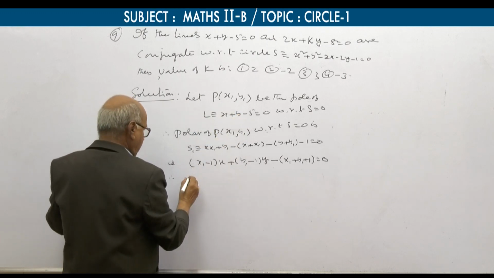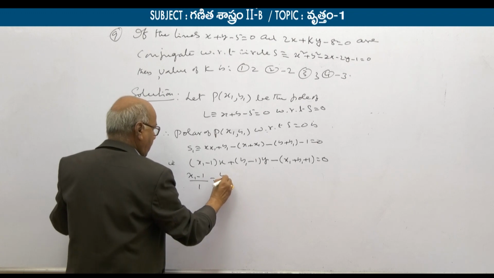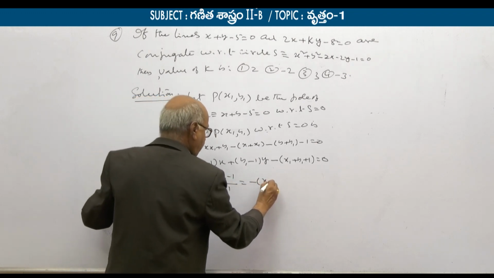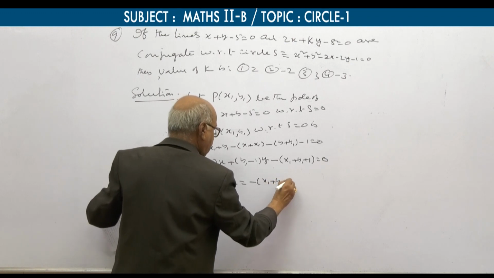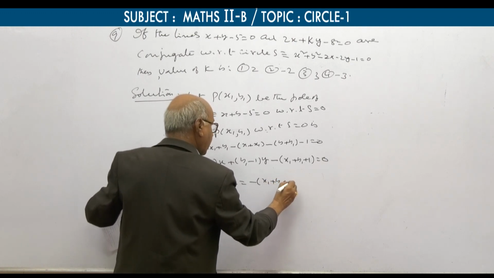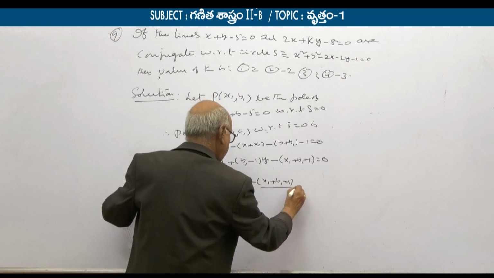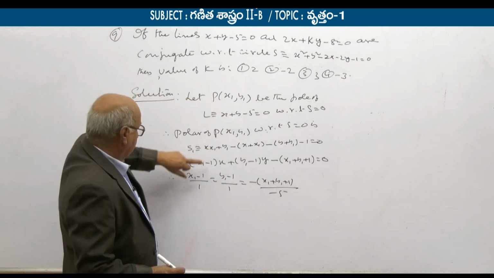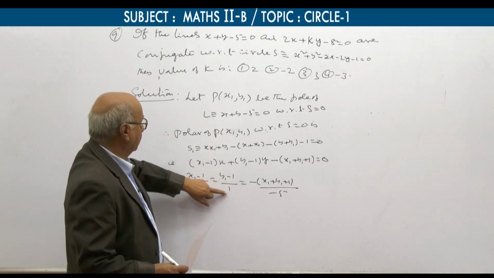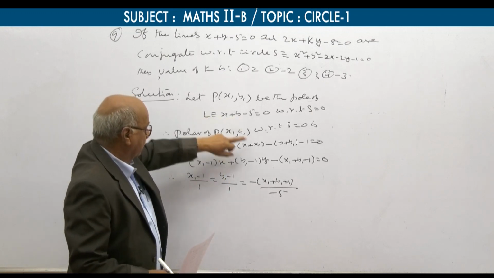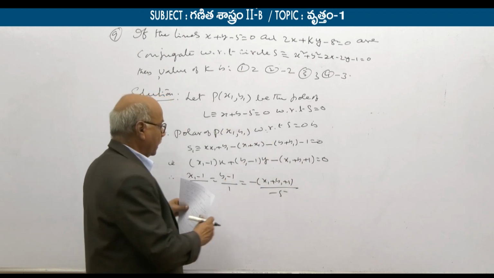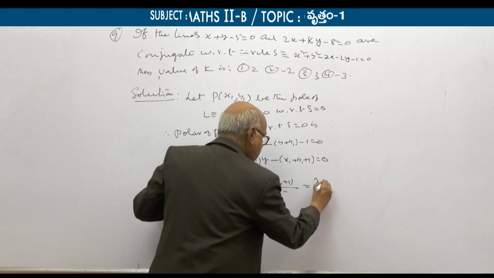But by hypothesis, the polar of point x1, y1 is L equal to 0. So therefore, the corresponding coefficients are proportional. (x1 minus 1) by 1 is equal to (y1 minus 1) by 1 is equal to minus (x1 plus y1 plus 1) by minus 5. So now each is equal to, say, lambda.